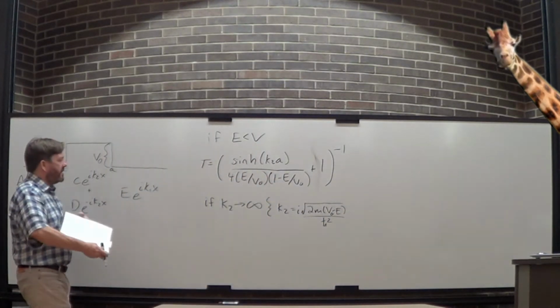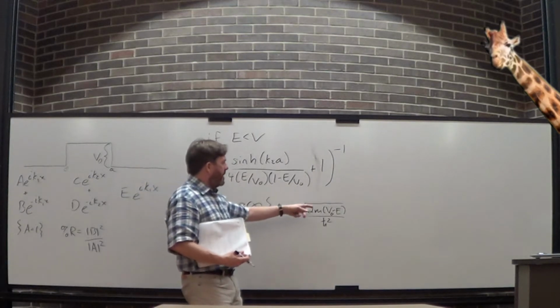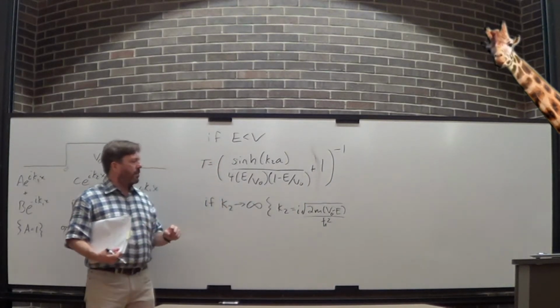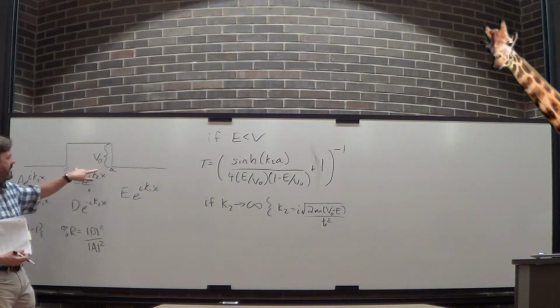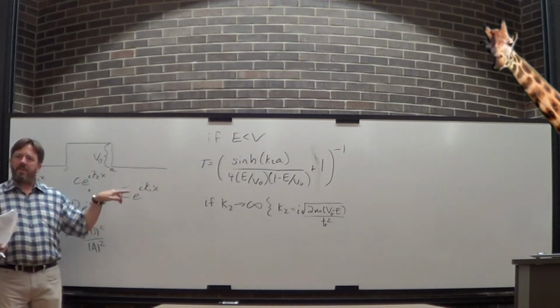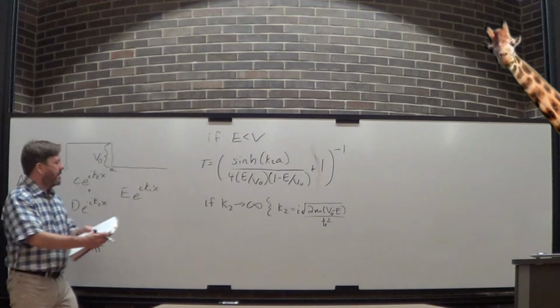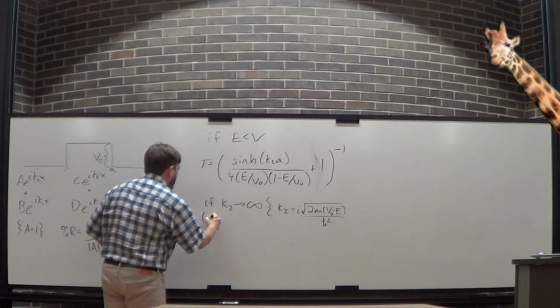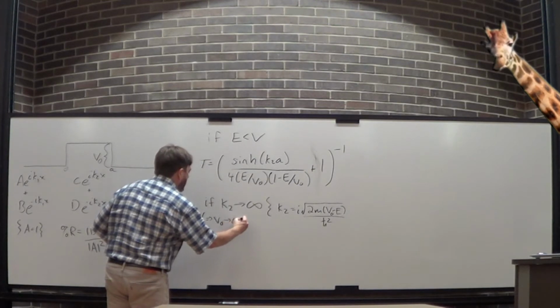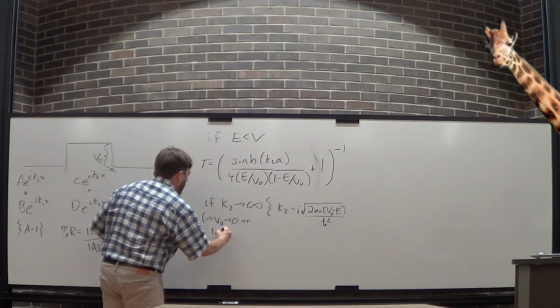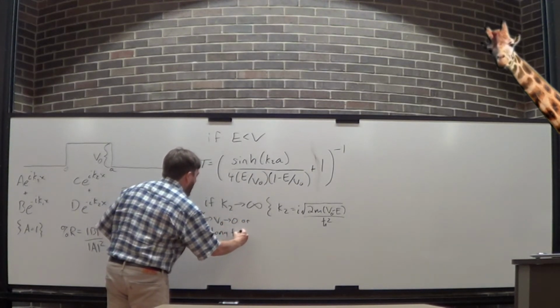So if this goes to infinity, that means that the potential is really, really wide. Another way to approximate that is to make the width of the barrier extremely long. So in other words, you have an infinitely high potential or a long trap.